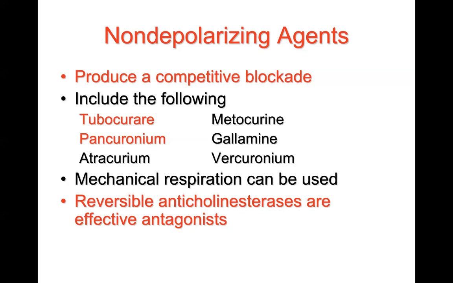Typically we're going to use some sort of mechanical respiration. But if someone was accidentally poisoned with them, that would be an issue. We'd have to use mechanical respiration until we either reversed it or it wore off.